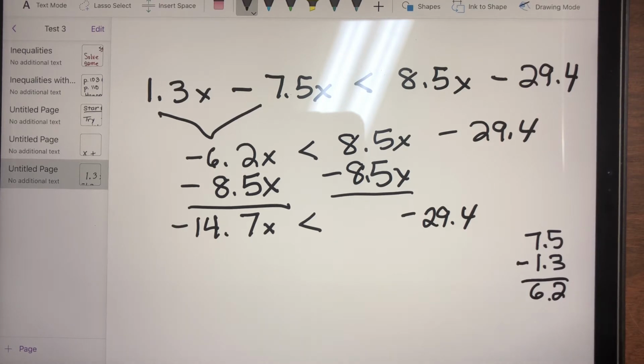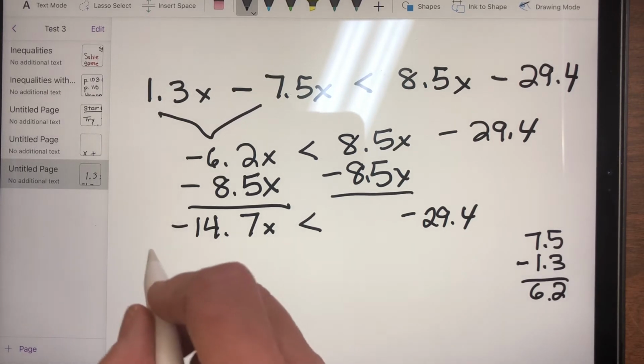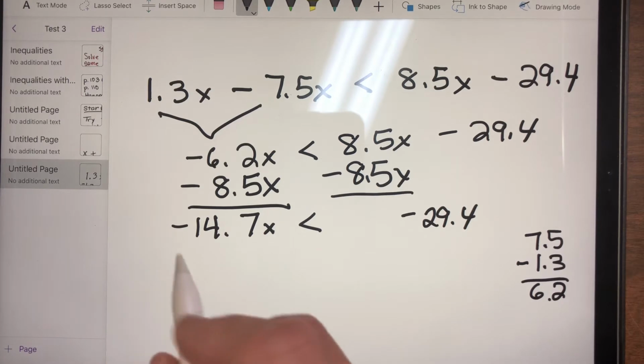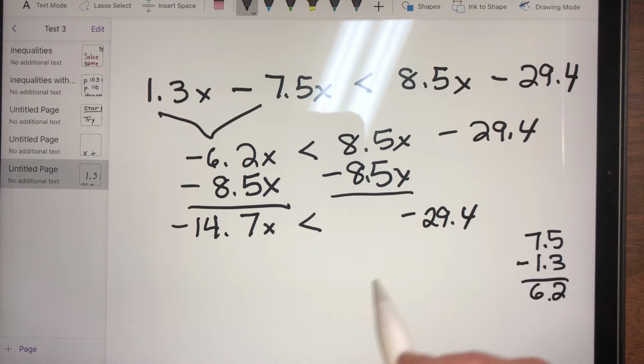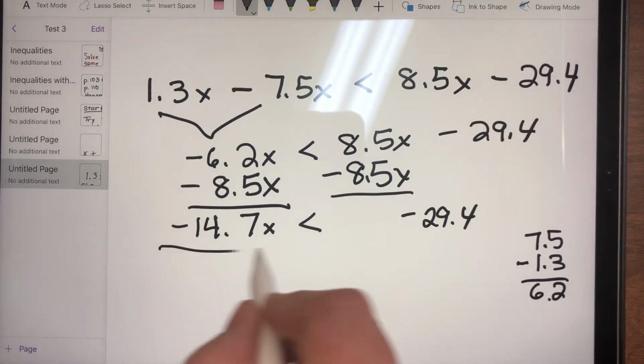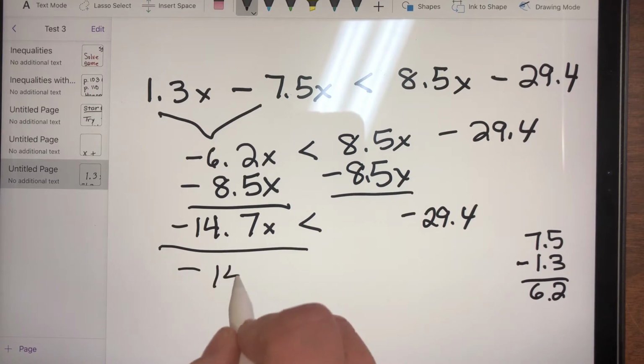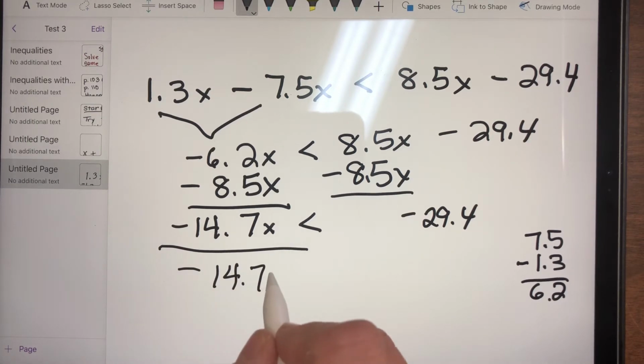Okay, so why is the x not by itself, guys? It is being multiplied by what, Hillary? Negative 14.7. So we undo multiplying by negative 14.7 by dividing by negative 14.7.